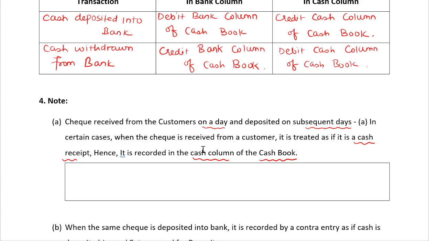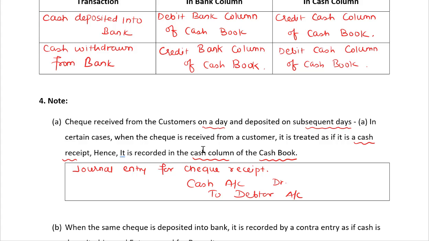So what would be the journal entry for check received? Cash account debit to debtor account.